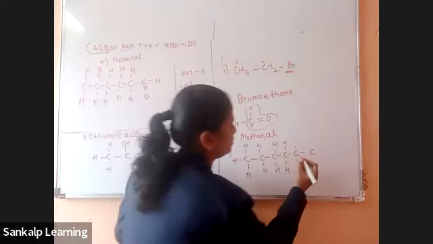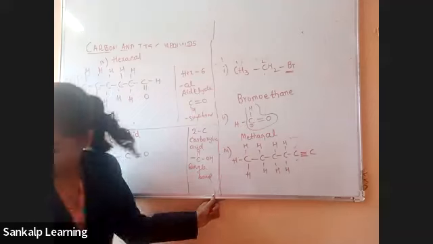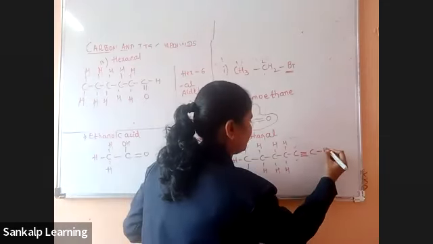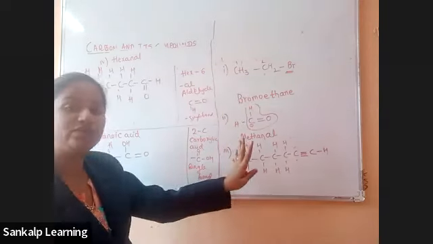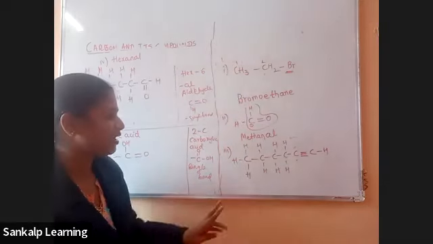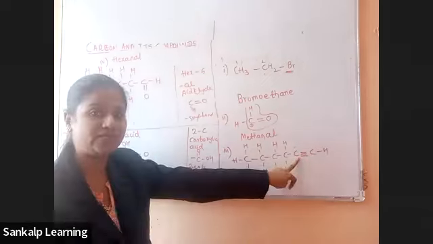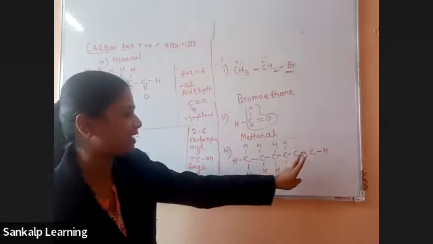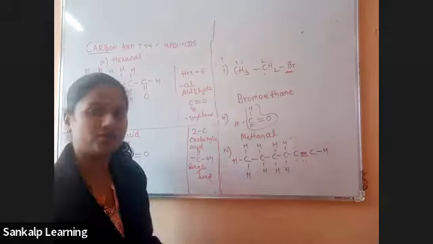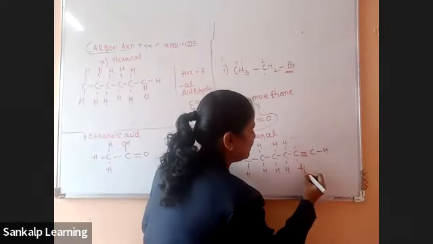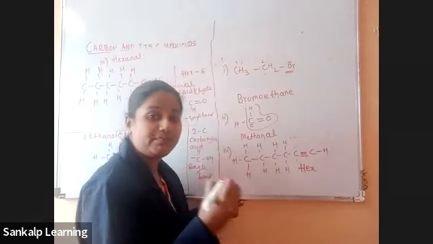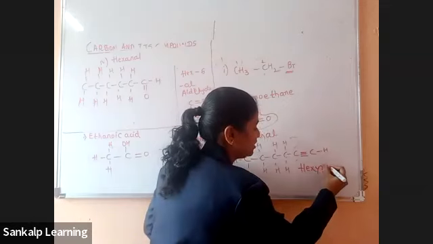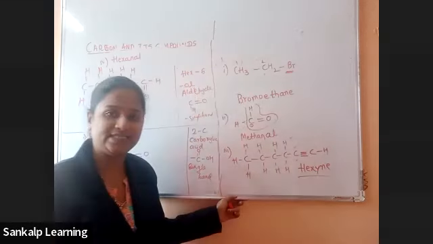Last C double bond with C. Then we have H. Okay. See here, we don't have any functional group here, but we have a triple bond in between. How many carbon atoms are there? 1, 2, 3, 4, 5, 6. Triple bond. So it is named as hex, 6, triple bond, yne, Y-N-E. Hexyne. So the given carbon compound is hexyne.